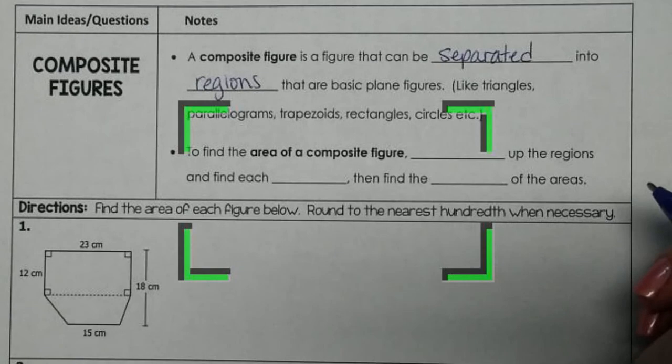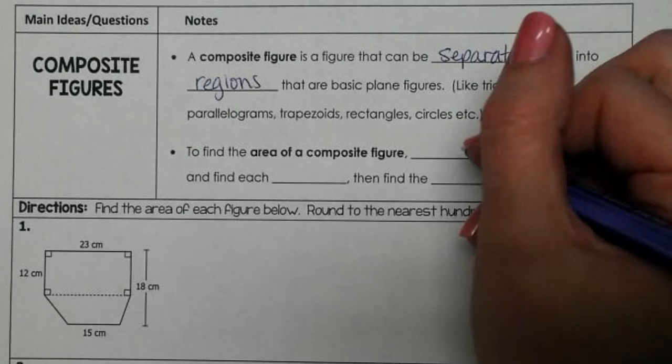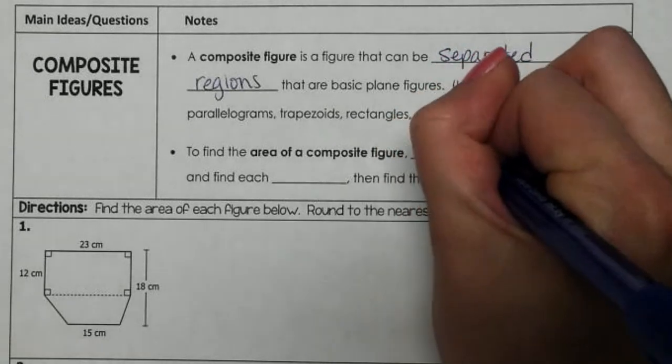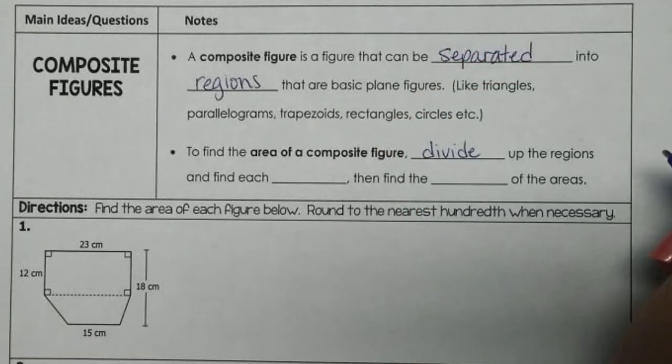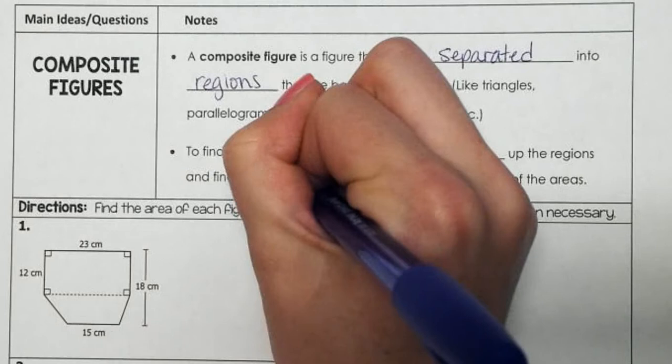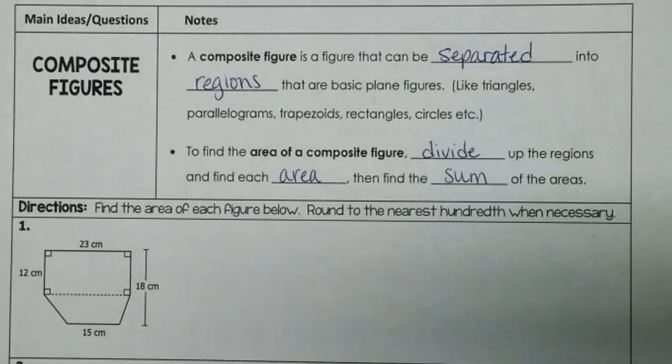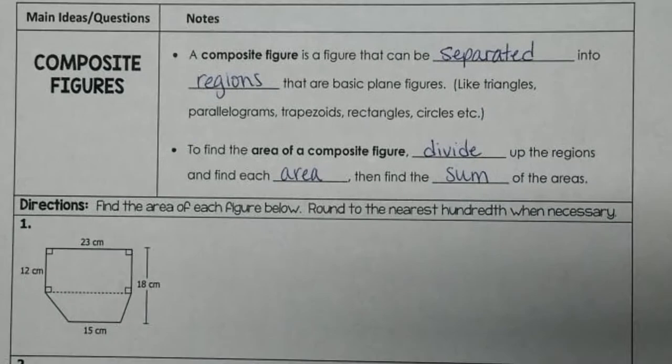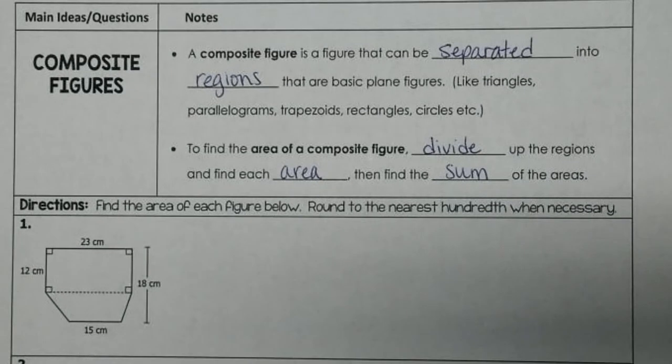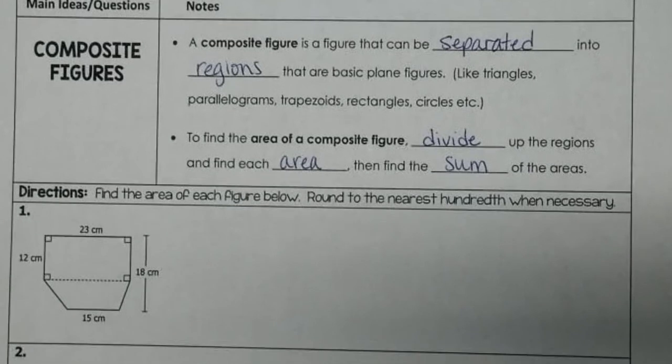To find the area of a composite figure, you're going to divide up the regions, find each area, and then find the sum of all of the areas. Okay, so we're going to just split them up, find each area, and add those together. It says round to the nearest hundredth when necessary. So let's look at number one.